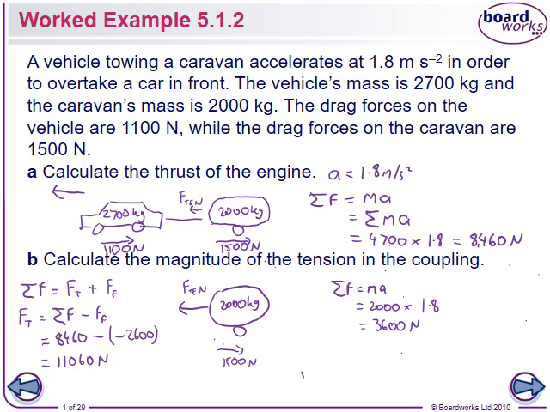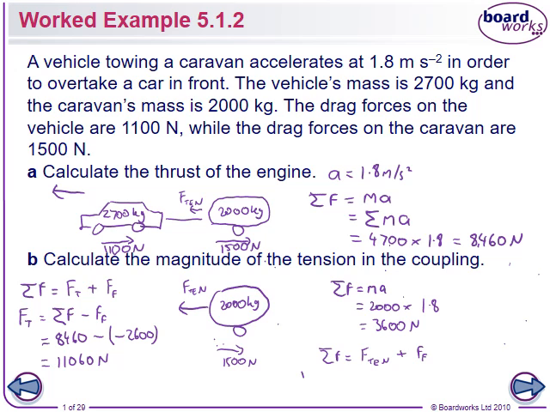Okay, so again, from our equation on the left here, our net force is going to be equal to F tension plus our frictional force. Okay, we know our net force is 3,600. We know our frictional force is 1,500.